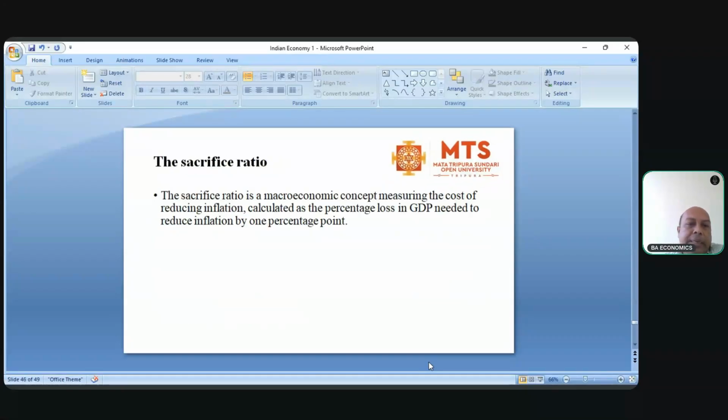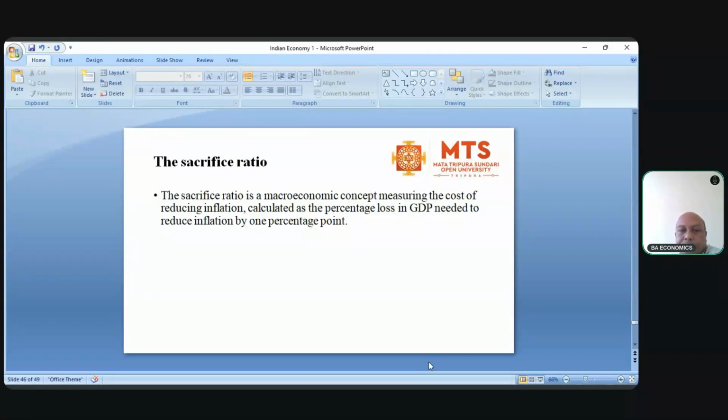Next one is the sacrifice ratio. So what do we mean by sacrifice ratio? Basically, the sacrifice ratio is a macroeconomic concept measuring the cost of reducing inflation, calculated as the percentage loss in GDP needed to reduce inflation by 1 percentage point.